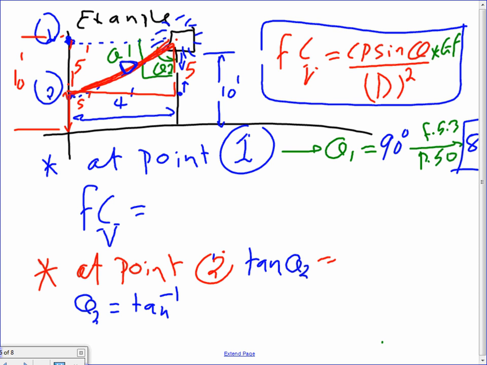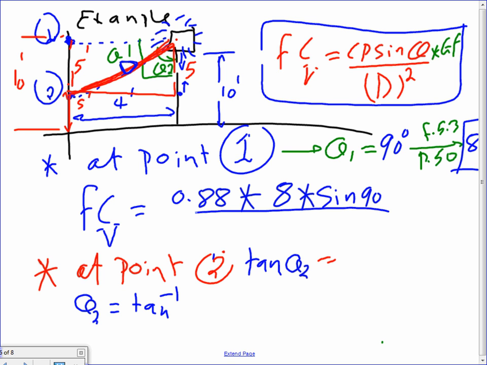Then plug in the numbers. Let's plug the numbers. I have a guarding factor of 0.88, the same guarding factor that we were using. Multiply it by candela power of 8, multiplied by sine 90, no raised to the power, nothing, divided by the distance squared.